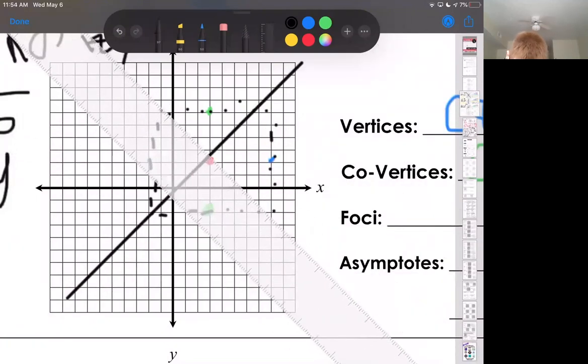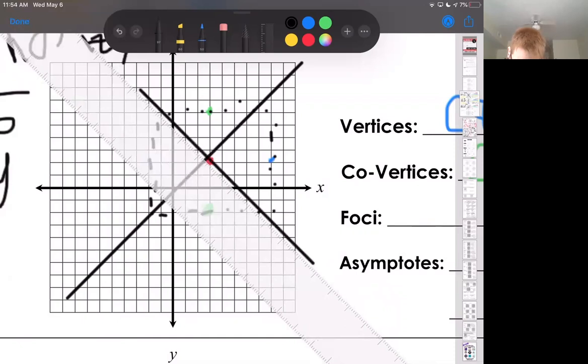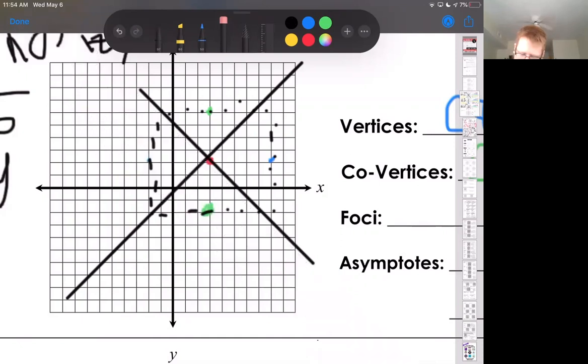But technically, if you're doing it on your paper, you really should use a dotted line, because usually asymptotes, we never use solid lines, but desperate times call for desperate measures, eh? And remember, our blue points are actually part of our asymptote. So our hyperbola is going to be guided by these asymptotes. And you can see it's a really wide kind of graph.